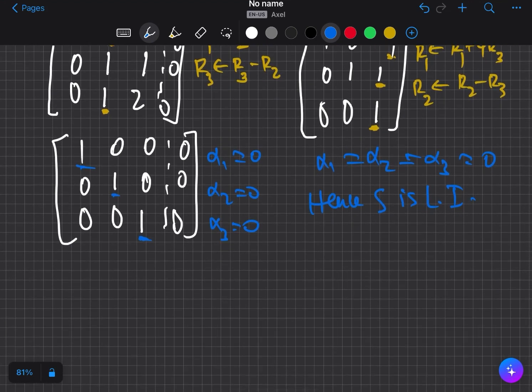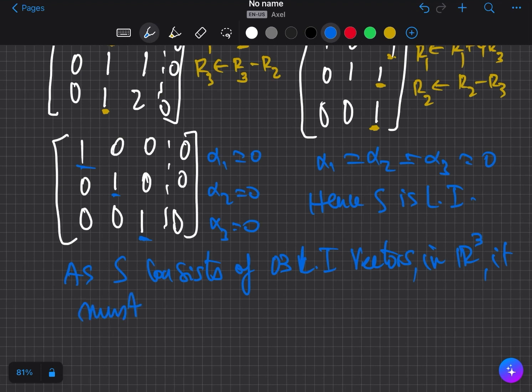As S consists of 3 linearly independent vectors in R3, it must be a basis of R3.